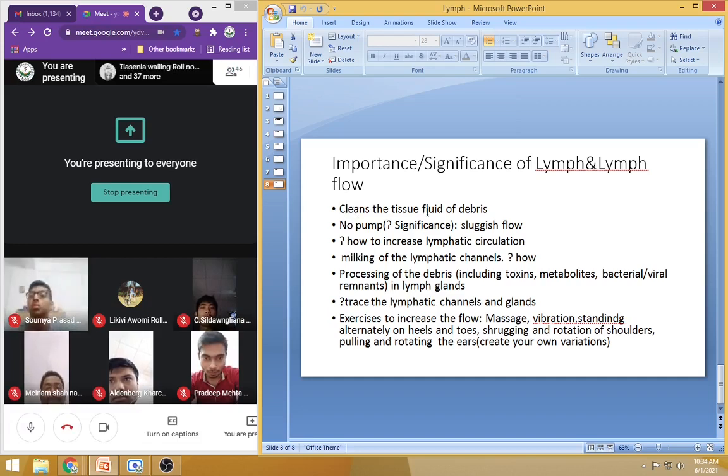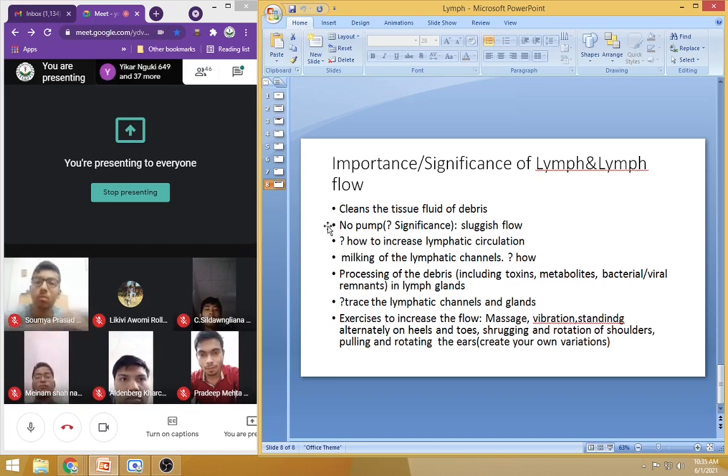It cleans the tissue fluid of the debris. In the arterial end, in the capillaries where there is sluggish flow for filtration and uptake of oxygen, some tissue fluid oozes out, which also contains the dirt and the toxins, metabolites, debris and all of that.